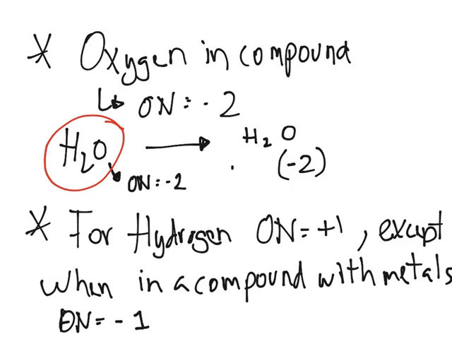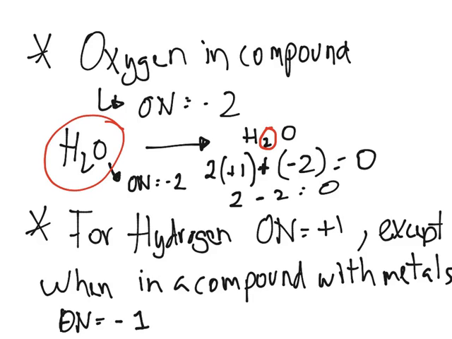So +1 plus -2, but we have 2 hydrogens, so we multiply the hydrogen part by 2, and this has to be equal to 0 because the molecule doesn't have a charge. 2 minus 2 is equal to 0, so the oxidation numbers are right.